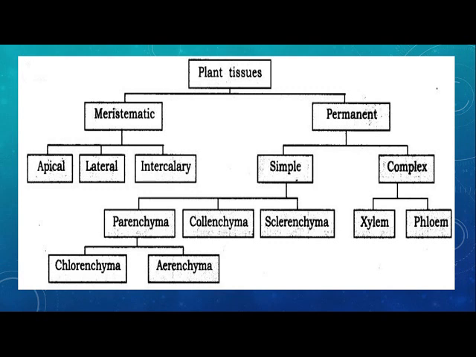These new cells and new tissues undergo a process known as differentiation, and these meristematic tissues only form the permanent tissues. Permanent tissues are not formed separately, but the newly formed meristematic tissue undergoes a process, and these tissues are called permanent tissue.